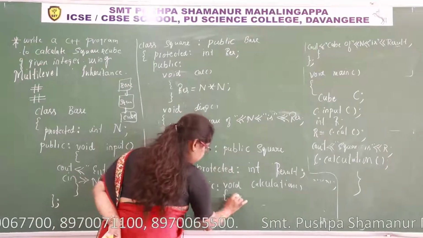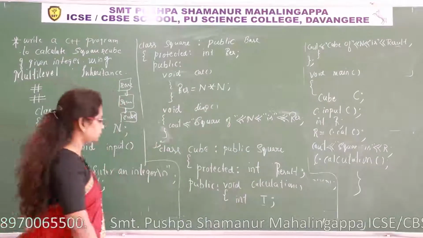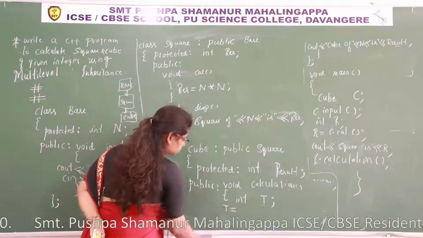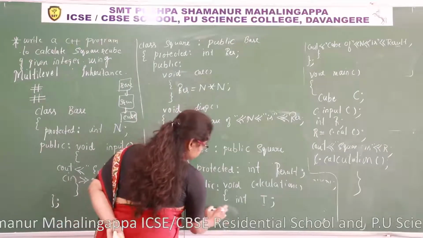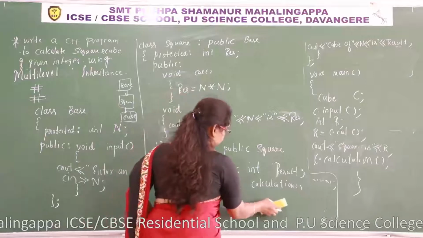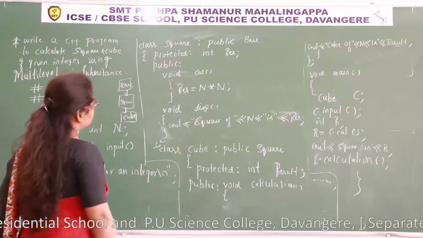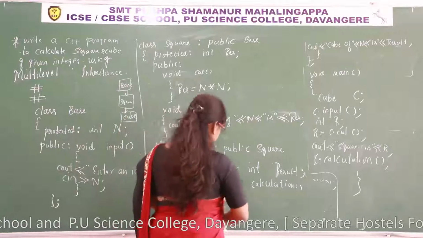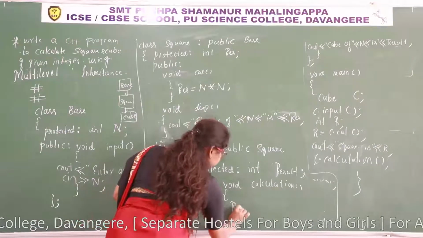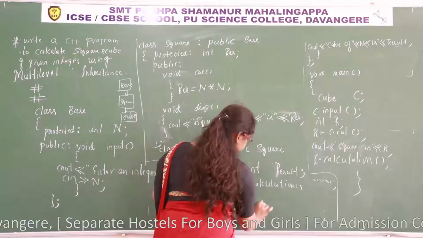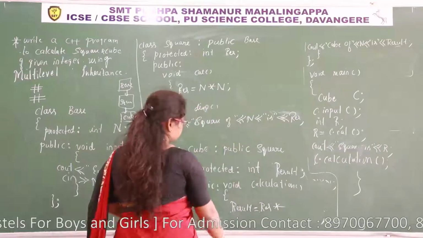See, I'll take a local variable here, int t, a temporary variable. t is equal to... okay, or you can write like this. res is there, no? result is equal to res into n.